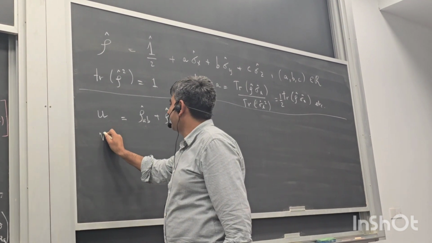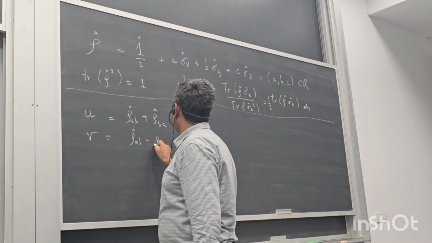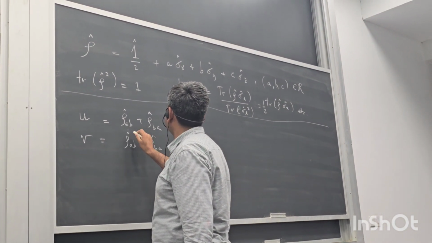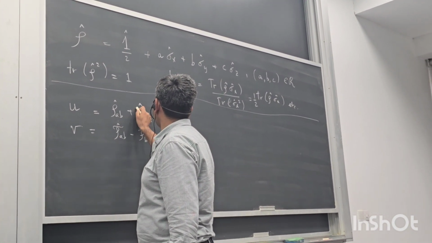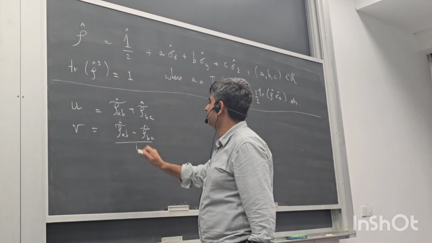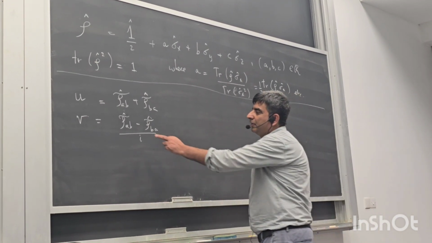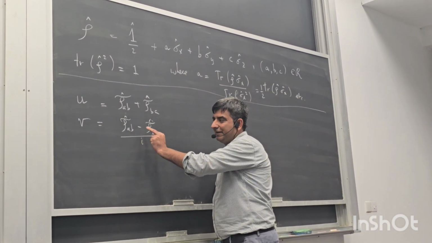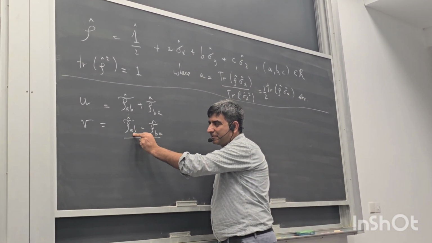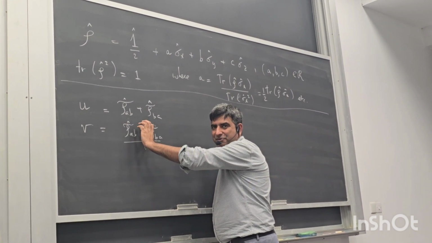And I can also define a v, which is the difference of these numbers, with the tildes, of course, and divide by I. Now v is also a real number. Rho AB minus rho BA is the difference of a number with its complex conjugate, which is iota times the imaginary part.